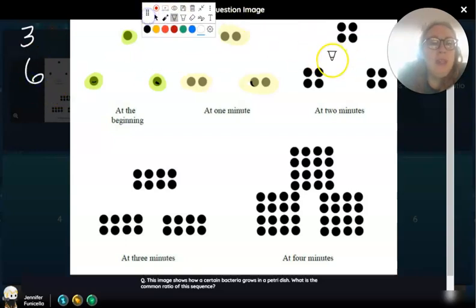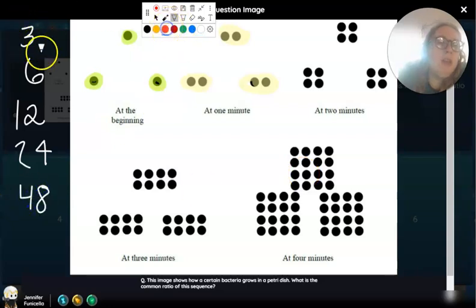After 2 minutes, we have 4, 8, 12. After 3 minutes, 8, 16, 24. After 4 minutes, 16. Each block is 16, 32, 48.